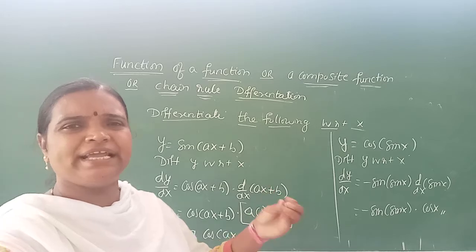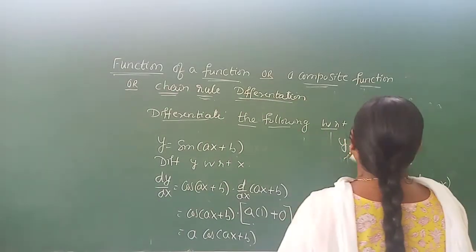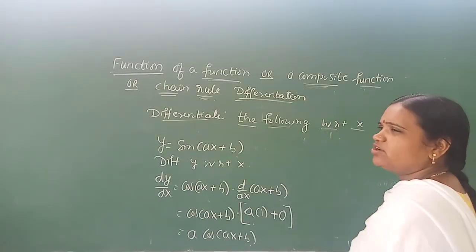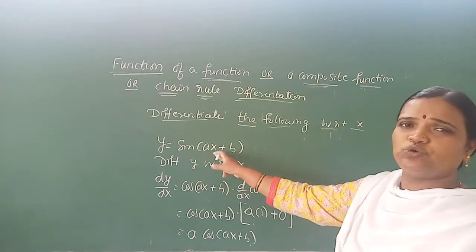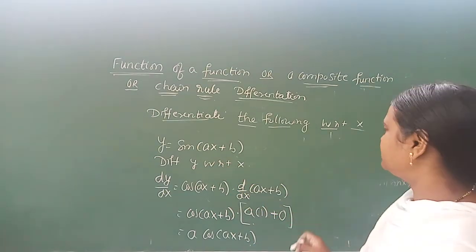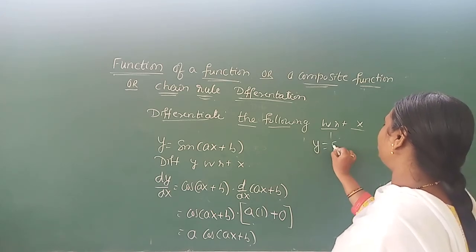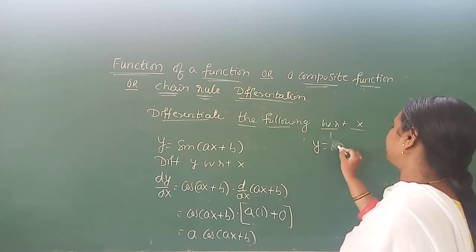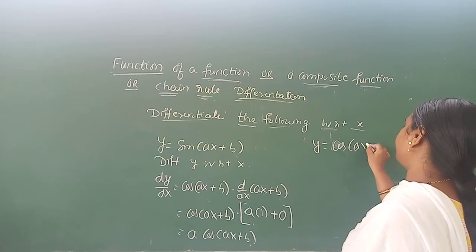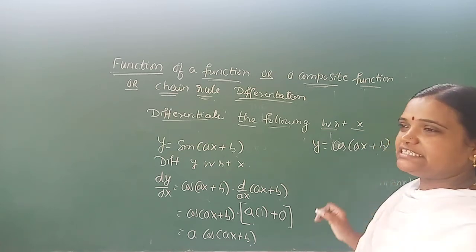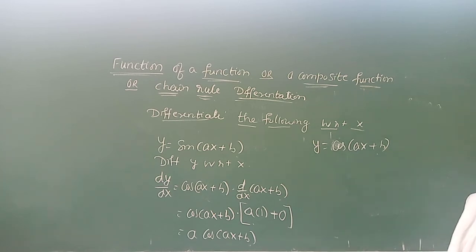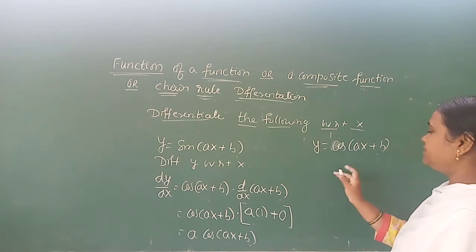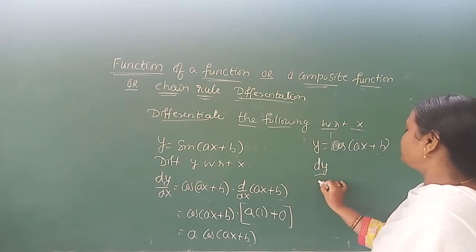Very simple hint, I will tell you. Suppose it is not a square, cube or fourth root, and it is in linear form, y is equal to whatever it is, sin, cos, whatever. I will take cos of ax plus b. Please just concentrate here. We will do the differentiation of cos.